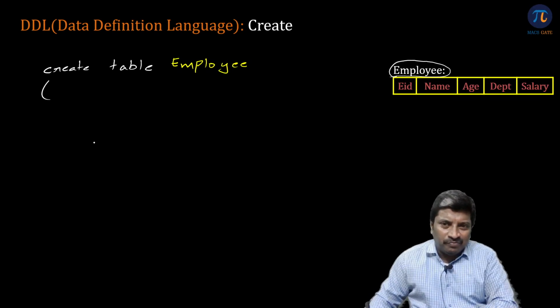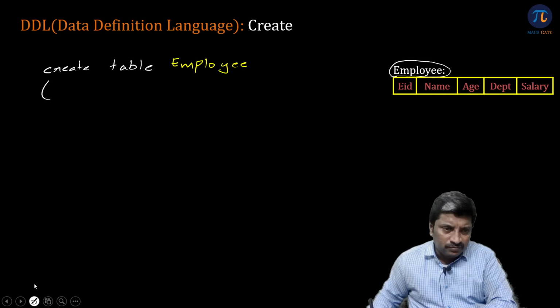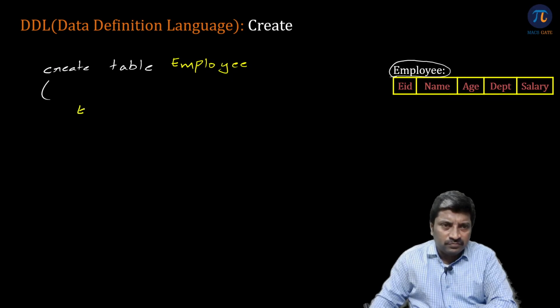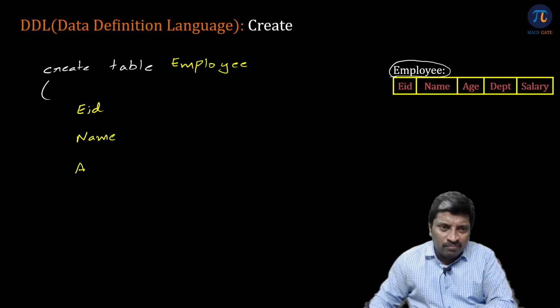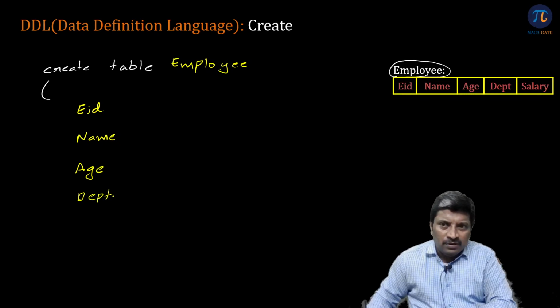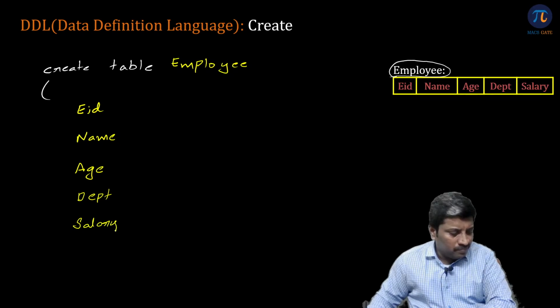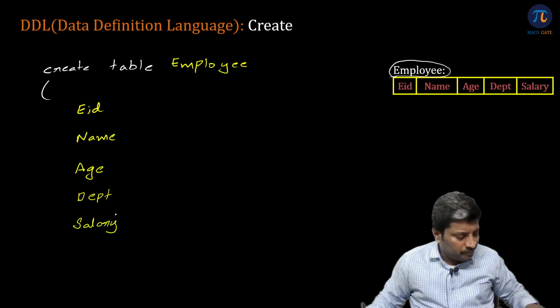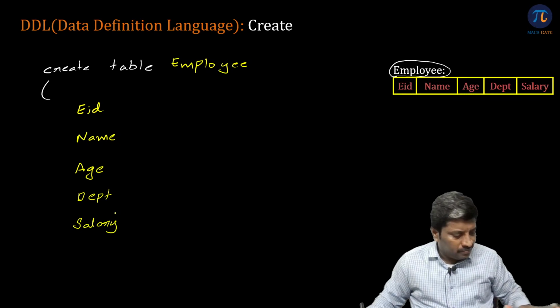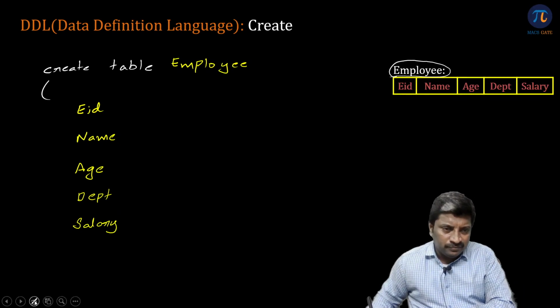Employee ID, right? First, let me list out all the attributes. Employee ID, name, age, department, salary, right?